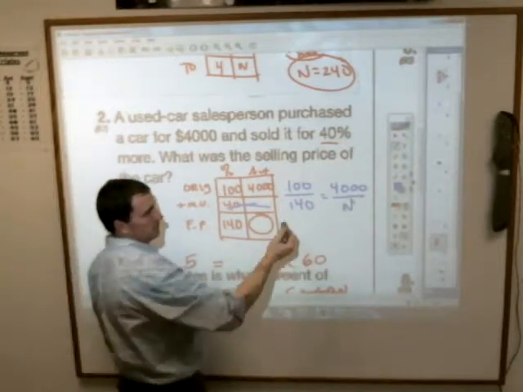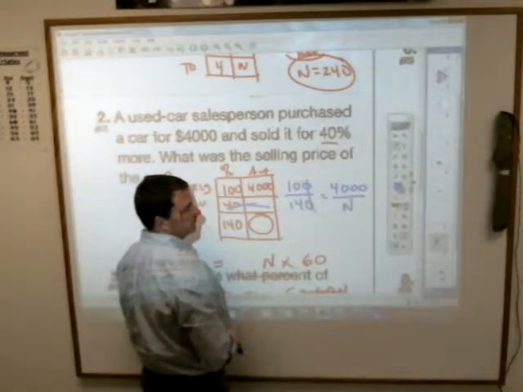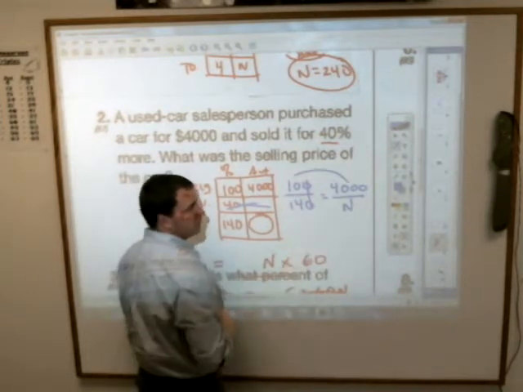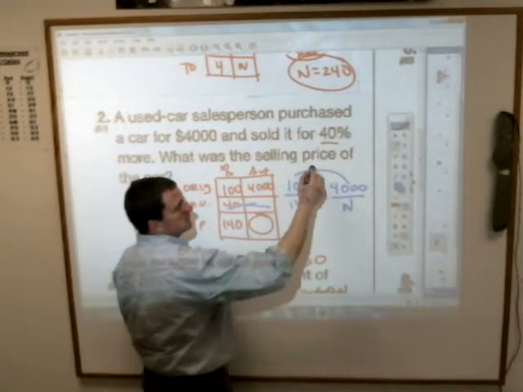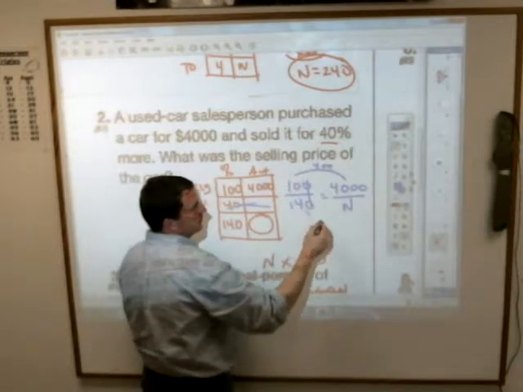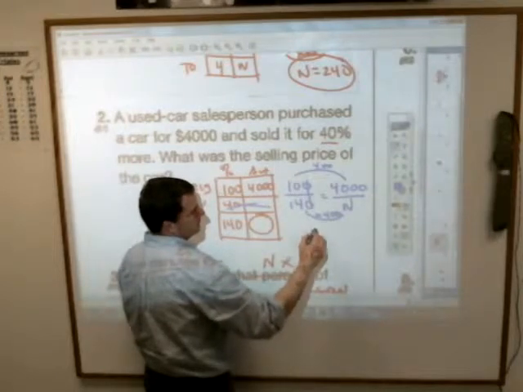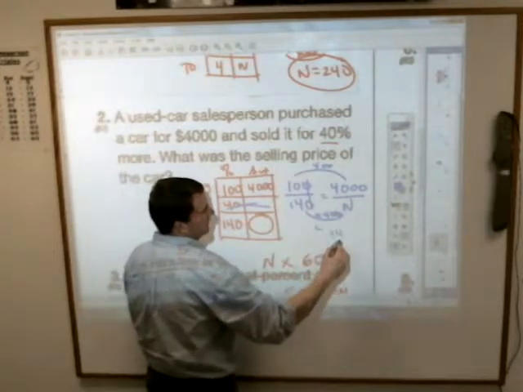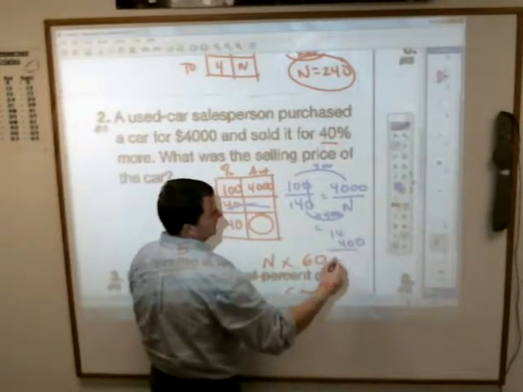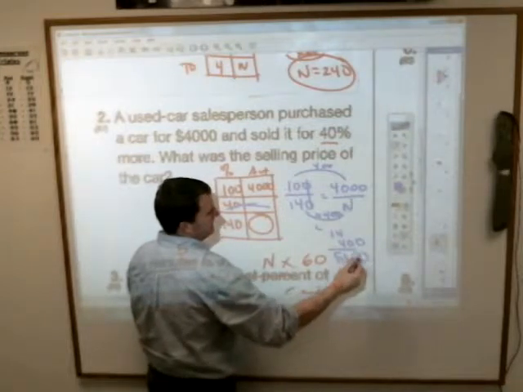And it might be easier to reduce this fraction: 10 over 14. 10 times what is 4,000? 400. So you have to multiply 14 by 400 to get your answer. And 14 times 400 is $5,600.